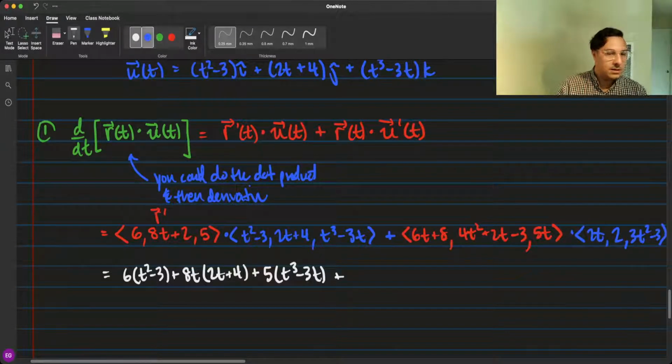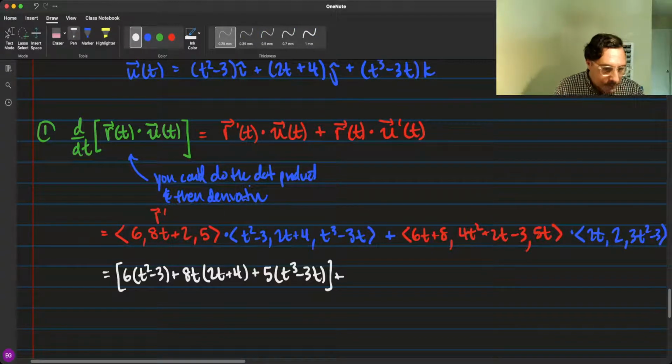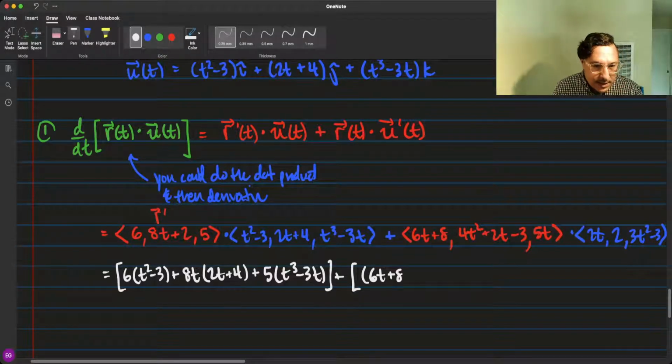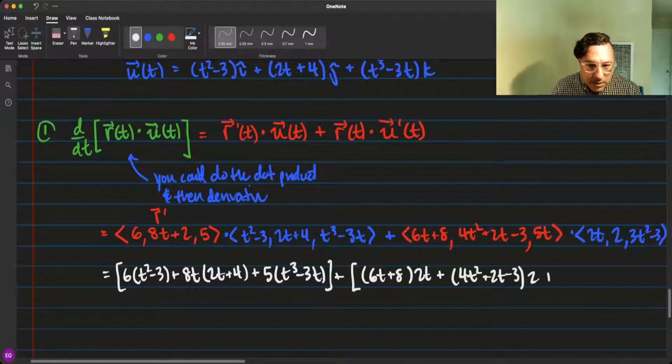Let's just put brackets around it so you can see that this came from that one. And then when you do the other one, you're going to get 6t plus 8 times 2t plus 4t squared plus 2t minus 3 times 2 plus 5t times 3t squared minus 3.